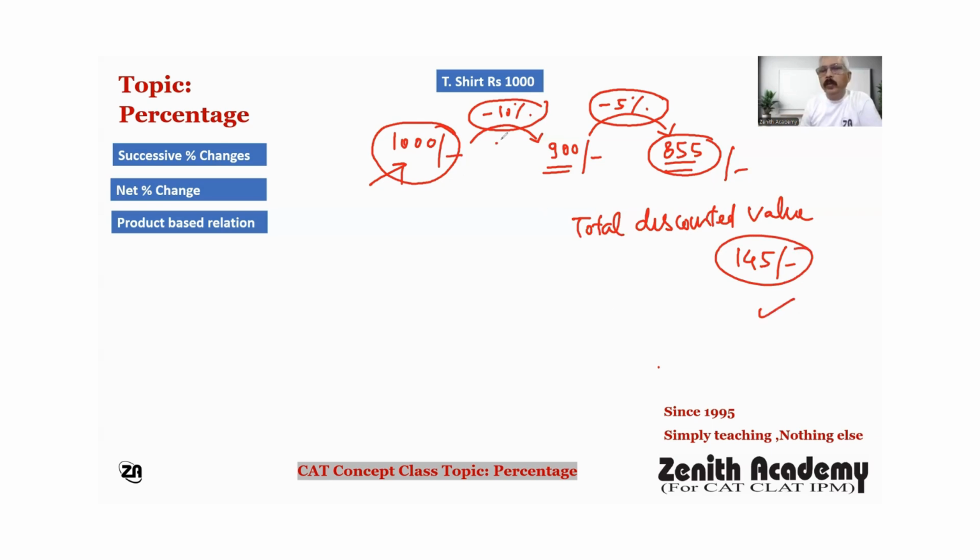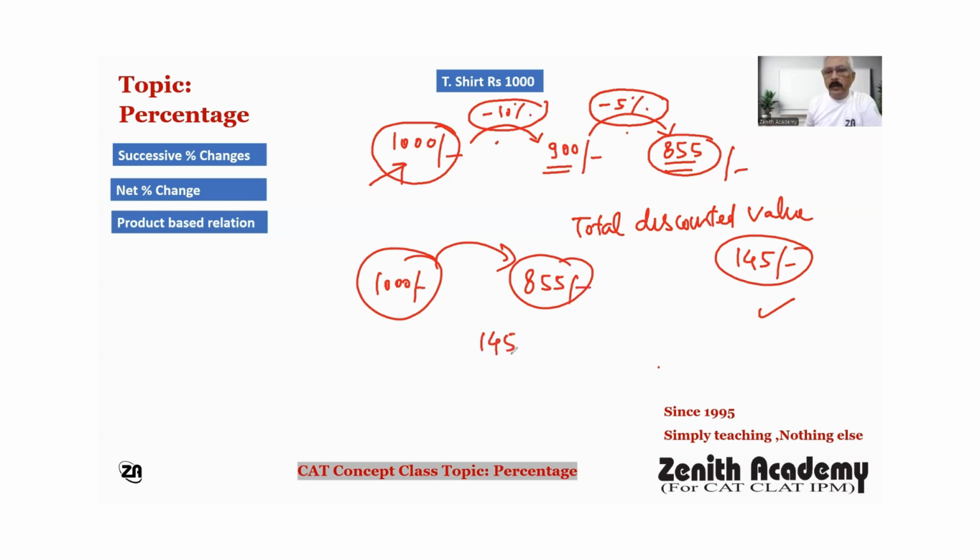If in place of these two successive changes there is a single percentage change, then the 1,000 rupees t-shirt you are getting at 855 rupees means 145 rupees less with respect to 1,000, then with respect to 100, this is 14.5%.